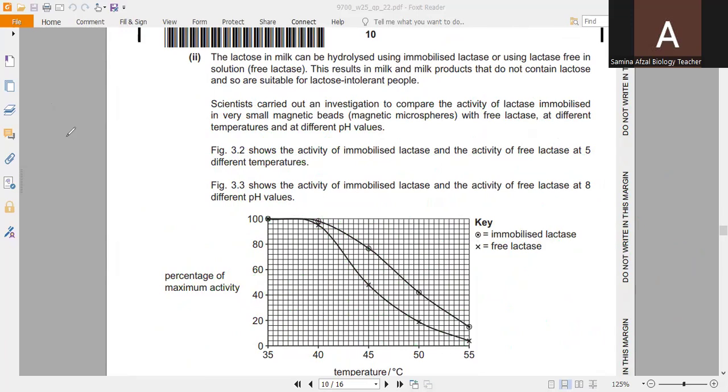Scientists carried out an investigation to compare the activity of lactase immobilized in very small magnetic beads with free lactase at different temperatures and at different pH values. Figure 3.2 shows the activity of immobilized lactase and the activity of the free lactase at 5 different temperatures. Figure 3.3 shows the activity of immobilized lactase and the activity of free lactase at 8 different pH values.